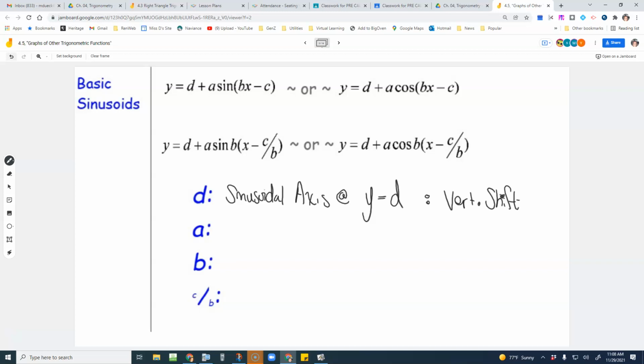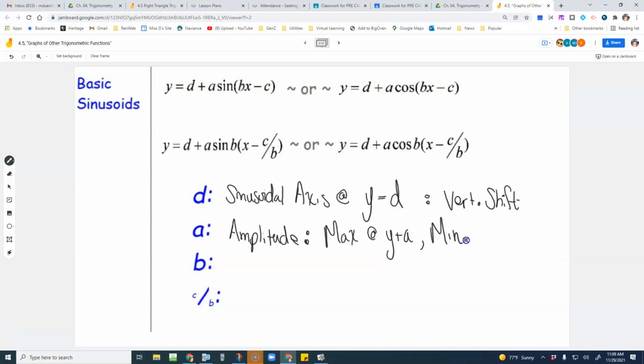A is for, he's the easy one, A is for amp it up, amplitude. So like we just saw, multiplying by a 2 in front made the wave go twice as high and twice as low. So the amplitude is the how high, how low, but how that's going to actually translate is that the maximum is going to be at y plus a.